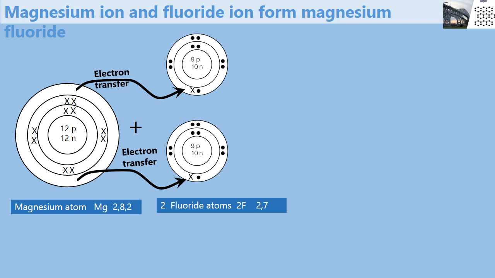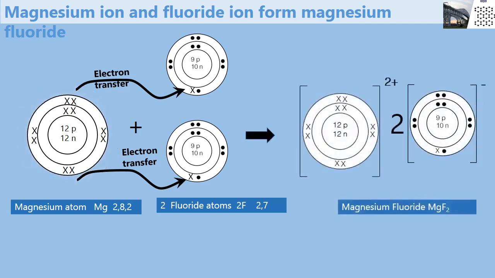In the end, magnesium does not have any electrons in the outermost shell, and therefore we do not need to draw it. Finally, we have the complete magnesium fluoride formula or structure drawn here. Remember, the number 2 represents the number of ions, which means fluorine ions are 2.